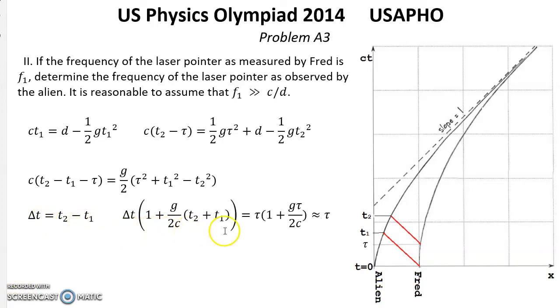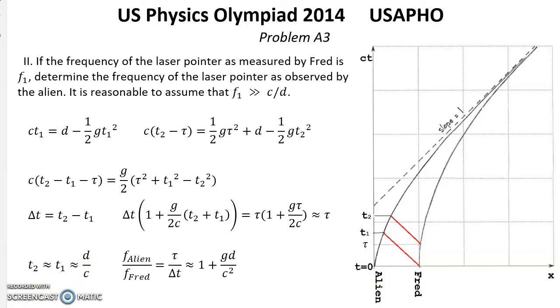We have this equation, and because g tau over 2c is very small, this is approximately equal to tau. And because g is very small, and we are looking only for the first order of g, we can say that t2 is approximately equal to t1, which is approximately d over c.